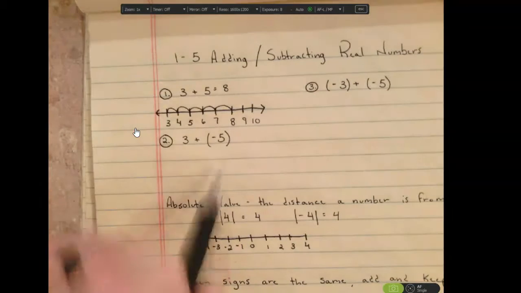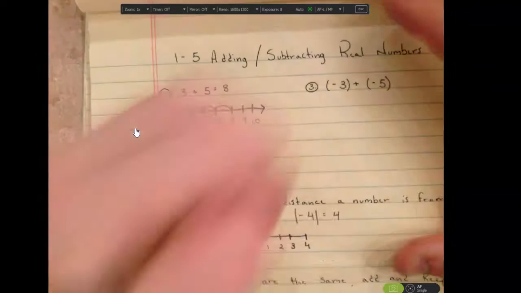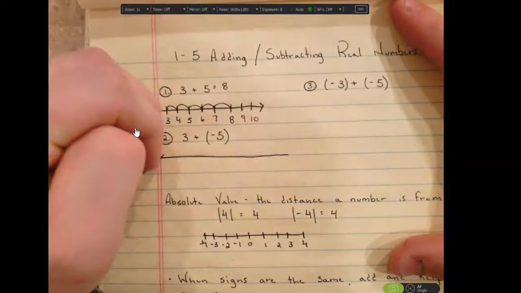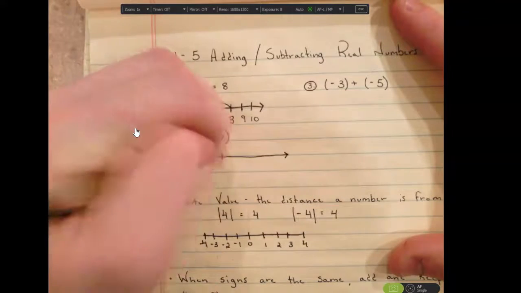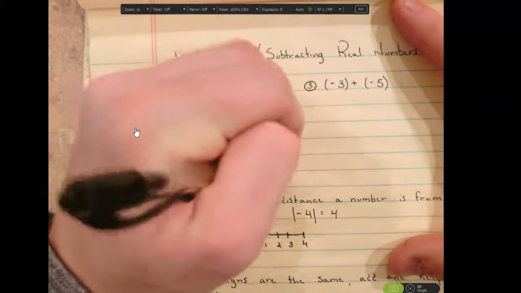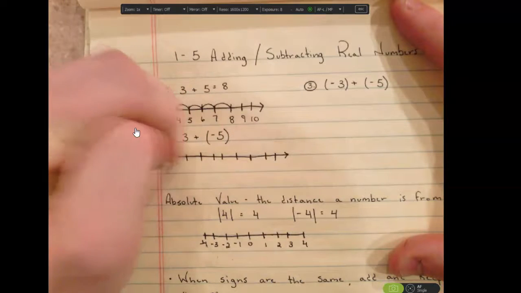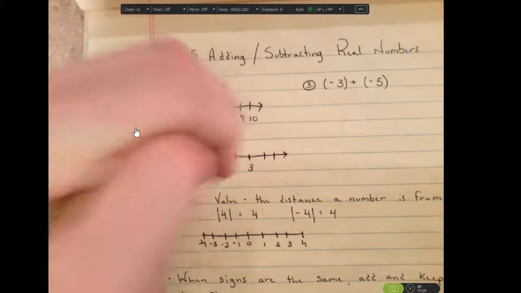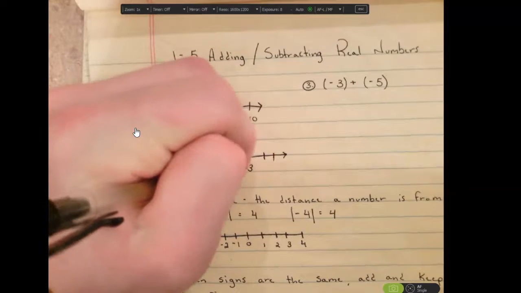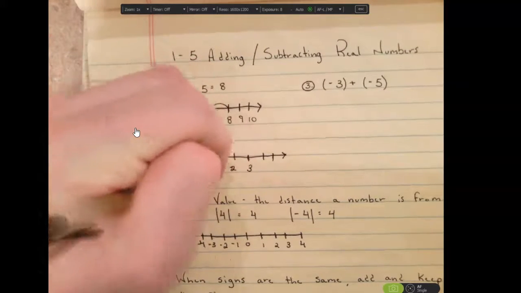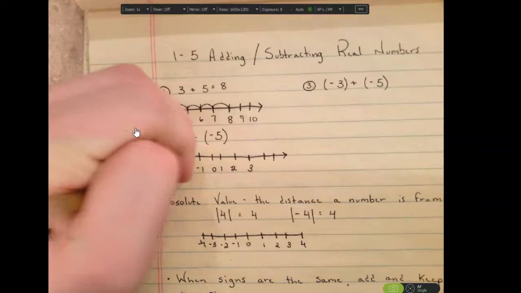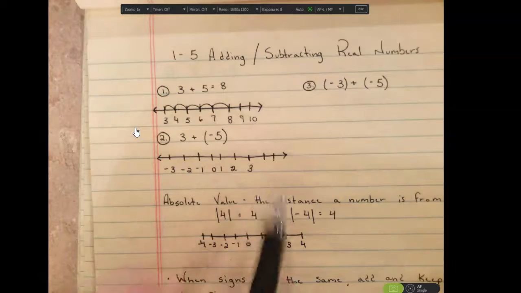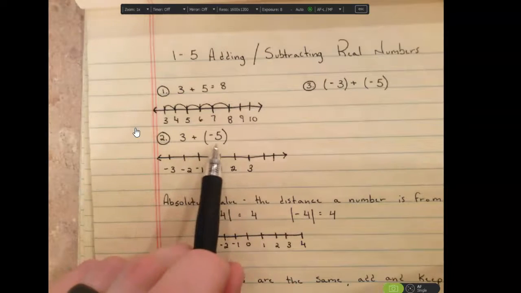Moving ahead, number 2. This time we have a negative number introduced into our problem. So again, I'm going to draw my number line. Again, I'm going to start at 3, so 3 has to be in your number line somewhere. Because we're working with the negative 5, I already know we're going to be going backwards on this one, so I'm going to cheat my number line a little bit. I'm starting at 3 this time, and this time I'm adding a negative 5.